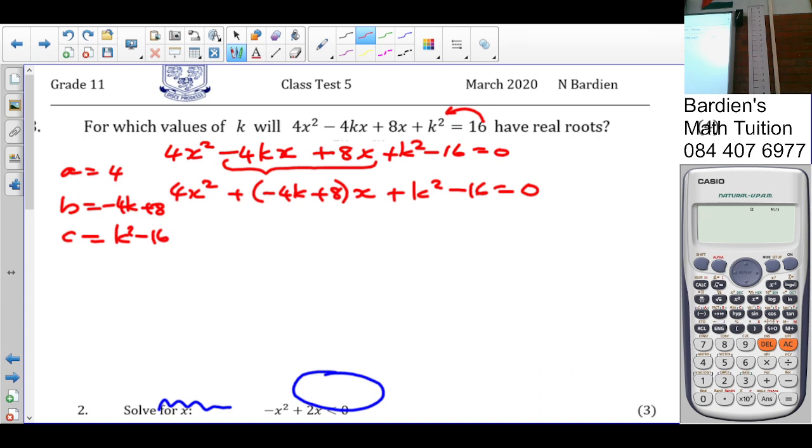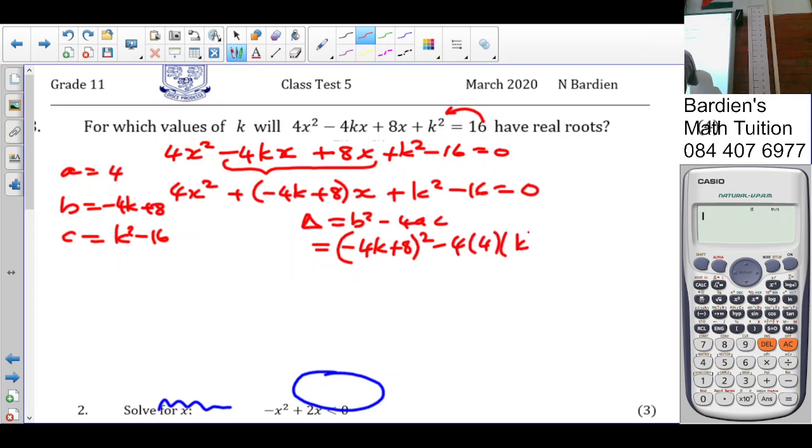Not O, it's a K. So what did we say? Delta. Delta is what? B squared minus 4ac. So what's my b value? Negative 4k plus 8, squared, minus 4 times a, which is 4, times c, which is k squared minus 16.